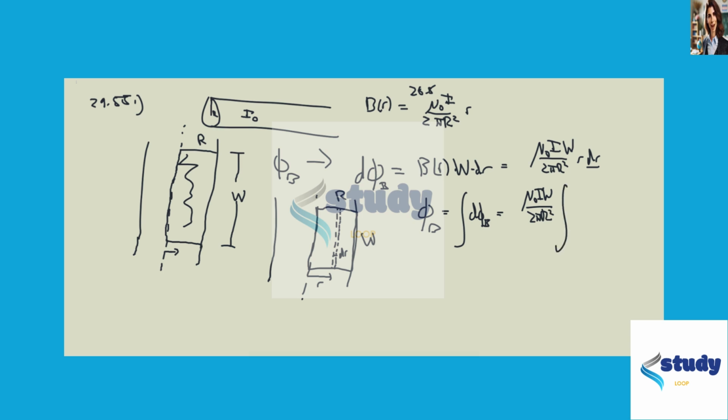And this is the integral, going from 0 to big R of R dr. Cool. So we can just do that integral pretty easily and see that the answer is mu naught I W over 4 pi. Perfect. That's it.